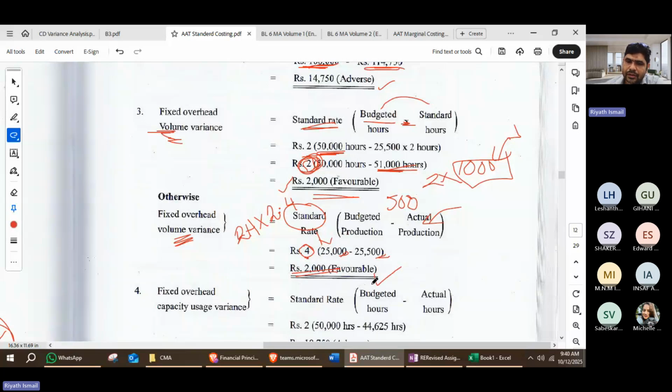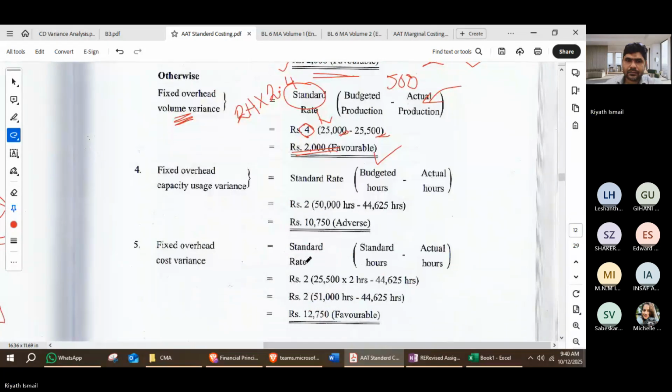Again, you may raise the question, why is it favorable? So that is fixed overhead volume variance.